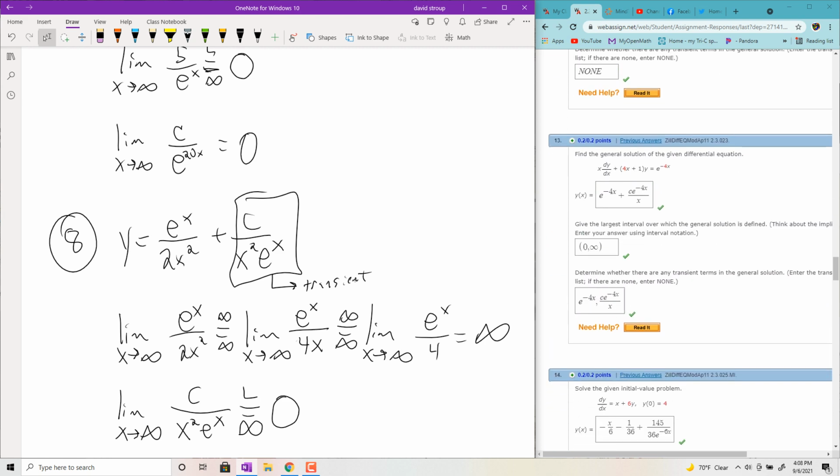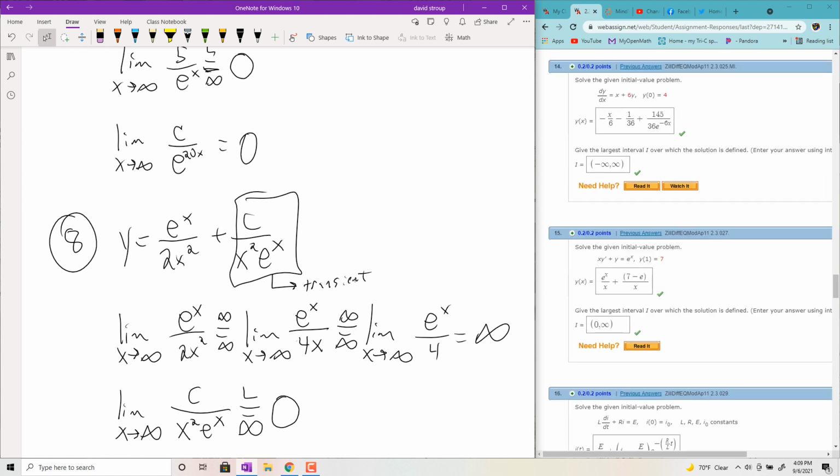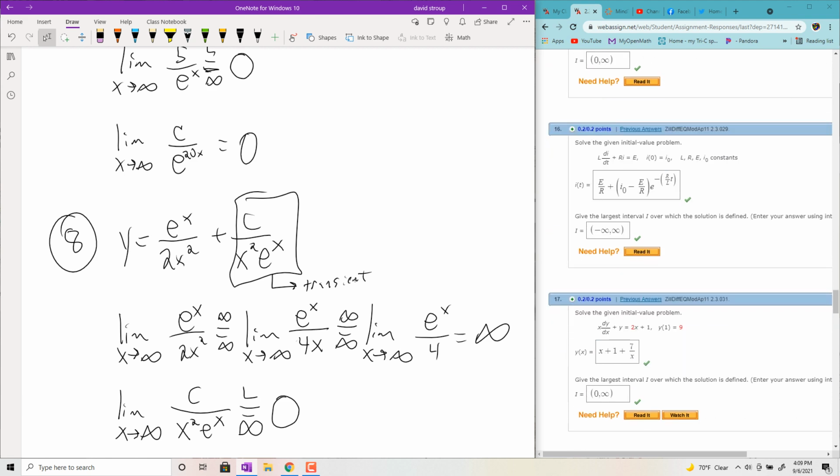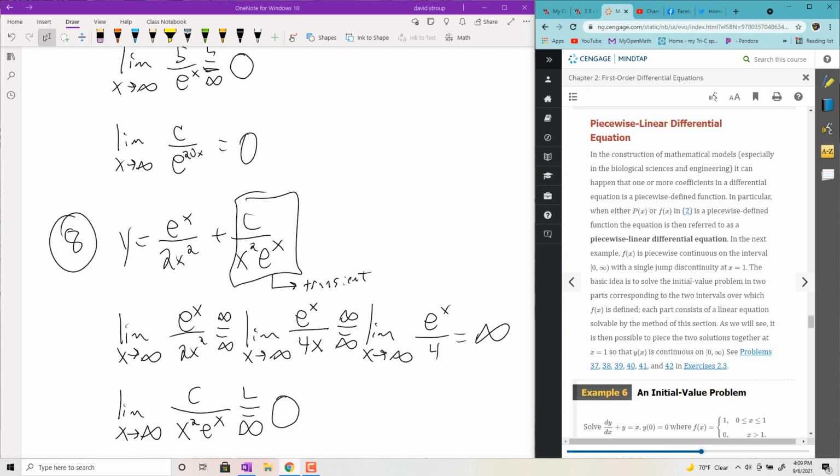Right? These are both transient. This is not transient, not transient. This is also not transient because that e to the 6x would actually go to the numerator. But they're not even asking for that anyway, so it doesn't matter. Okay, so anyways, hopefully that makes sense.